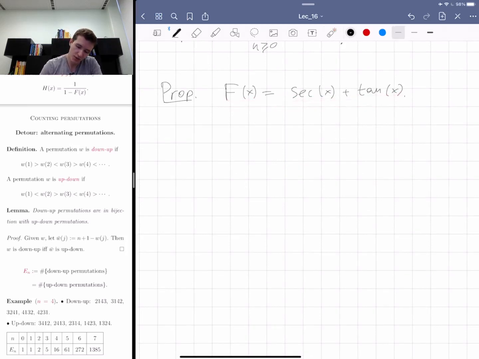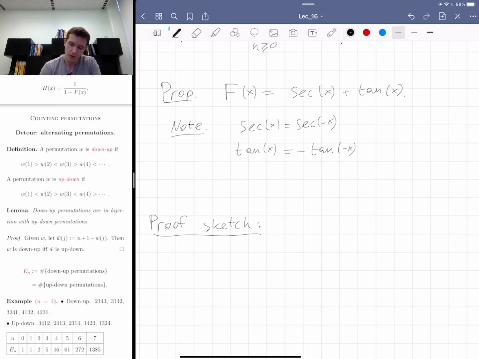As I said, I'm going to give you a proof sketch because it's going to be slightly more involved than we usually do. Before I do the proof sketch, let me mention that the secant of x is an even function, and the tangent of x is an odd function.